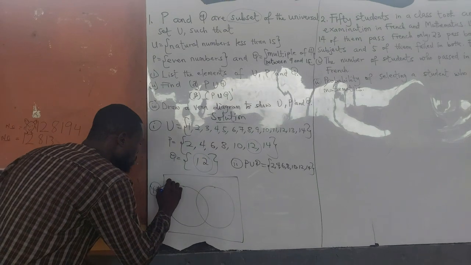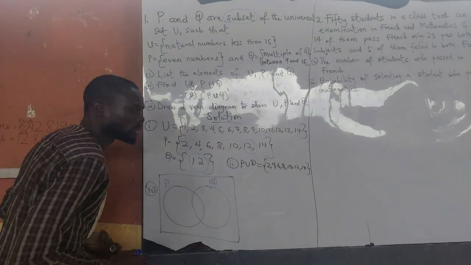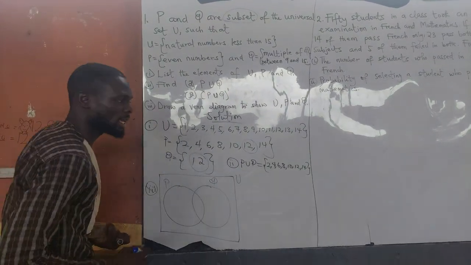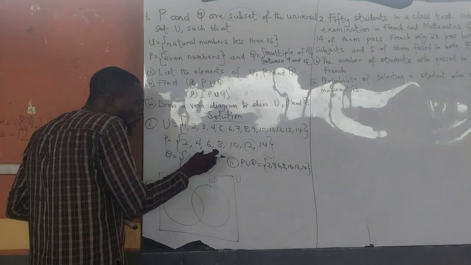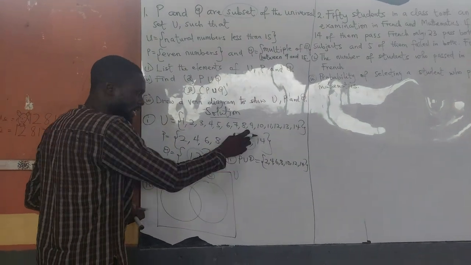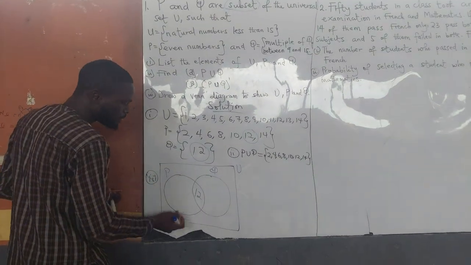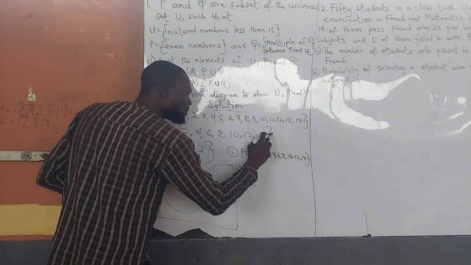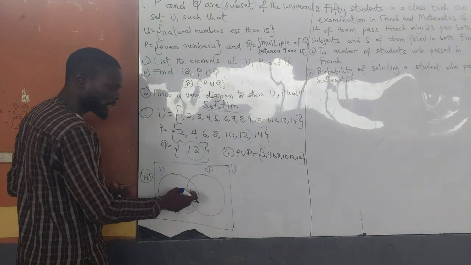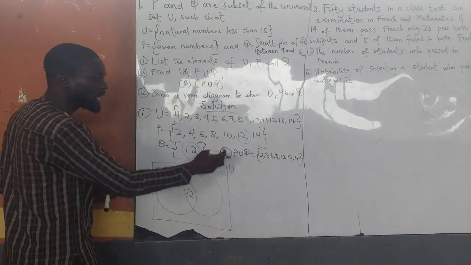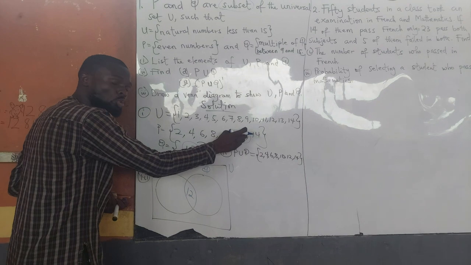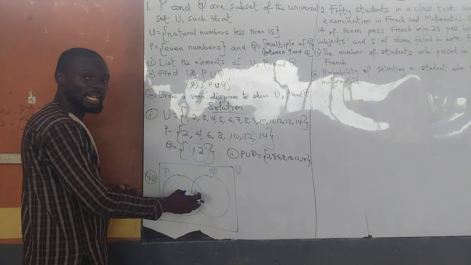So let's say this is your P, this is your Q. So we have the universal set here. Now what is the common element? It is 12. So we have the intersection to be 12. Now looking at P, we list all elements found in P except for 12, since the 12 is already at the intersection.